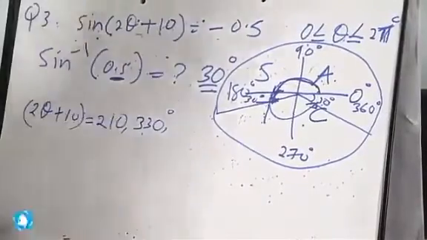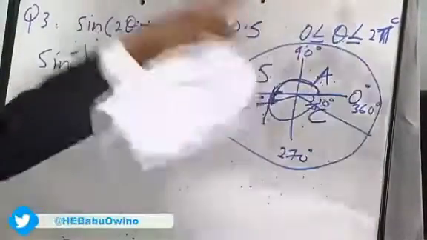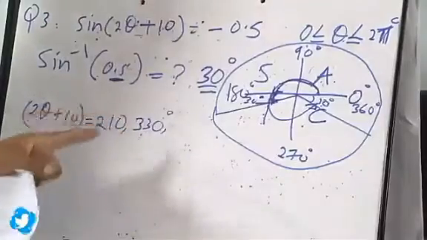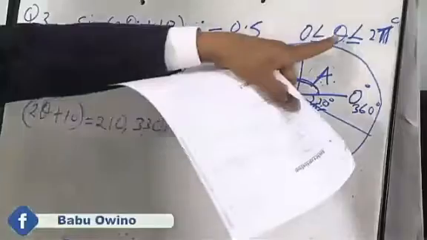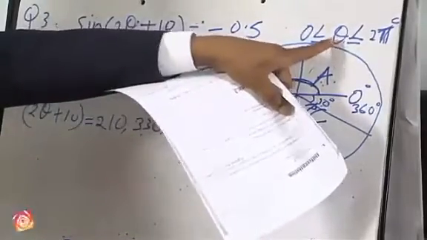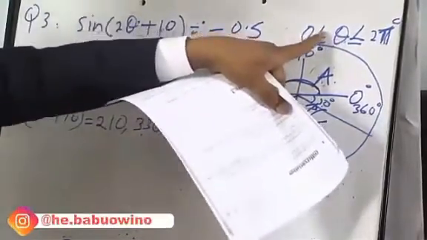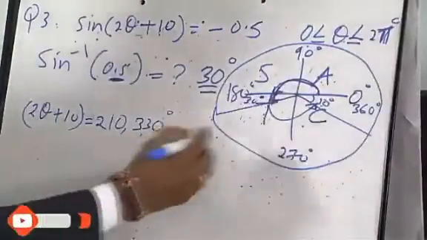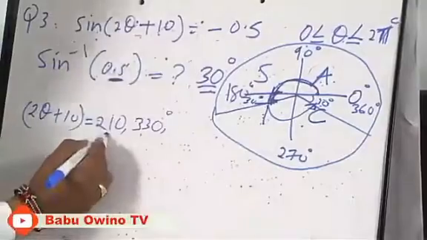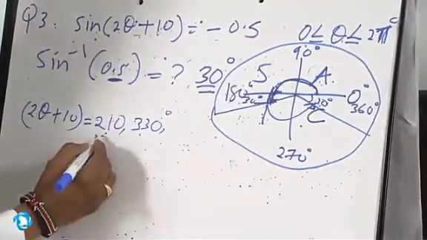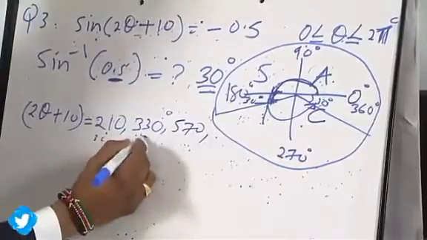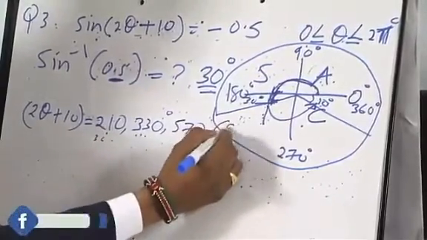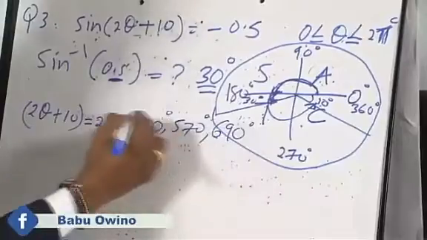Then something interesting: you make one complete rotation and add to the available angles, so that we get all the angles, because we've been told that our theta is greater than 0 but less than 2 pi radians. So when you take 360 and add 210, you get 570, which is another angle. And then you add 360 here, you get 690, which is our other angle. These are in degrees.